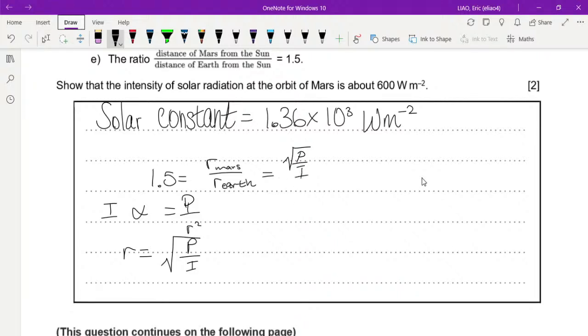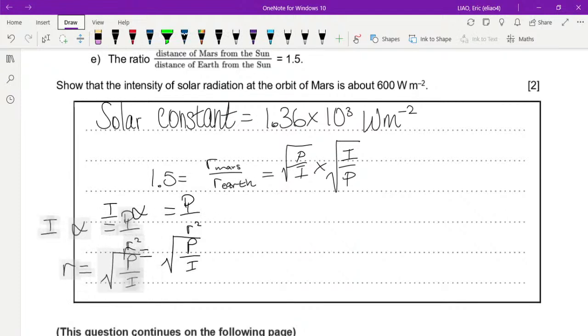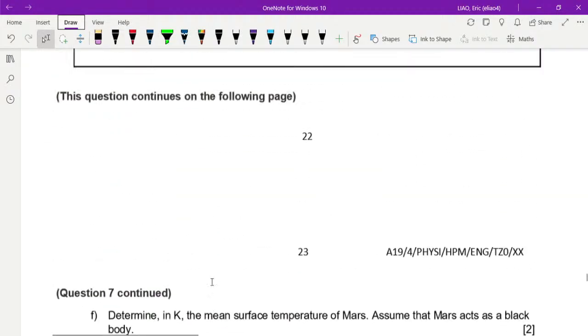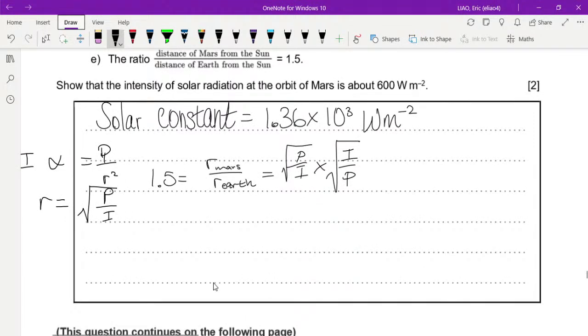So I just times it by... surely the P's cancel out since it's still a solar constant.